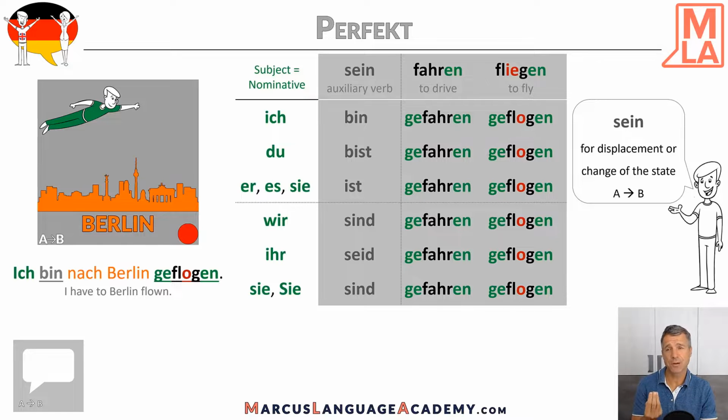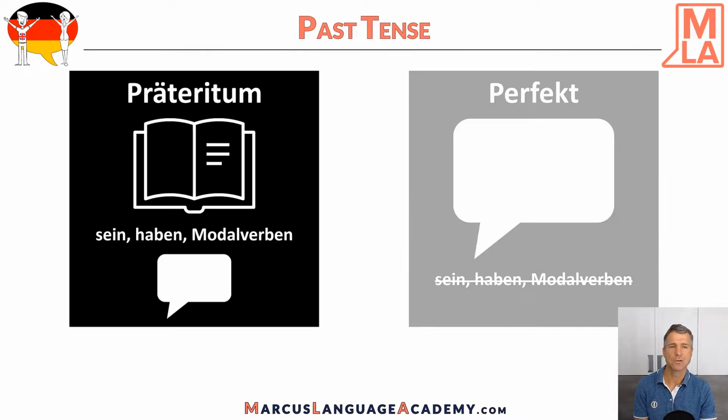So that's a little bit tricky part, but in my course, no, if you see the AB symbol, remember we take the auxiliary verb sein. So those are the two past tenses, no, the black color for Präteritum, and for perfect we use the gray background color. And so all verbs use normally perfect when we speak, except the verbs sein, haben and modal verbs.